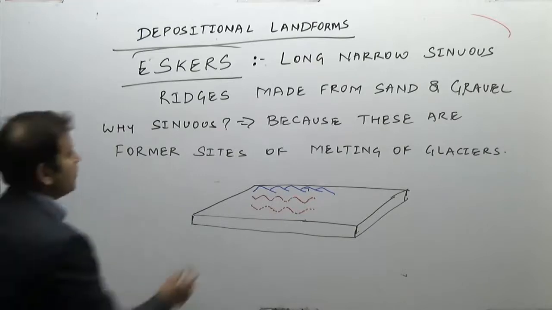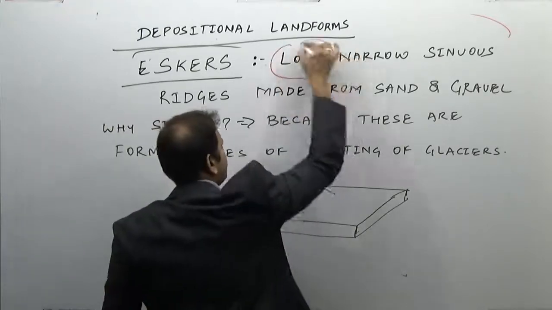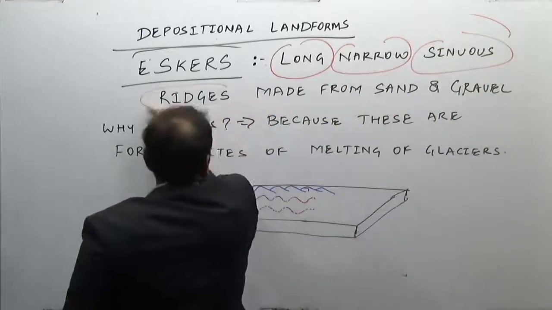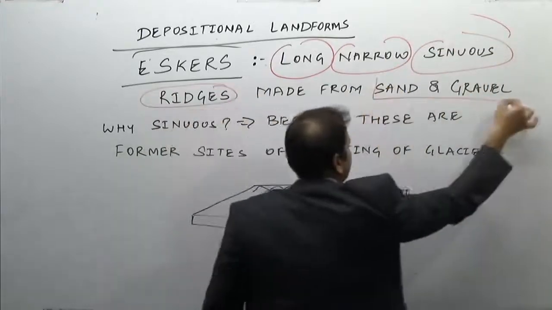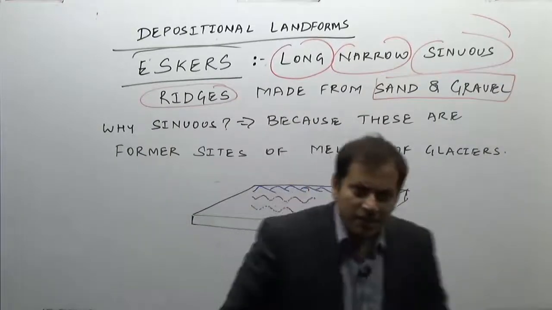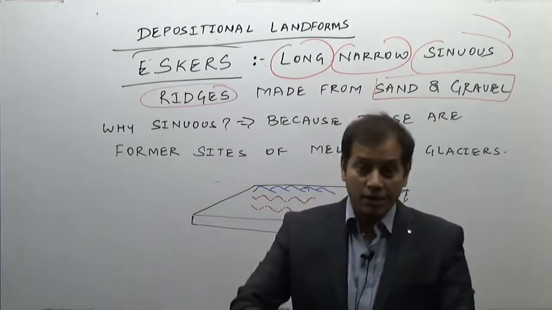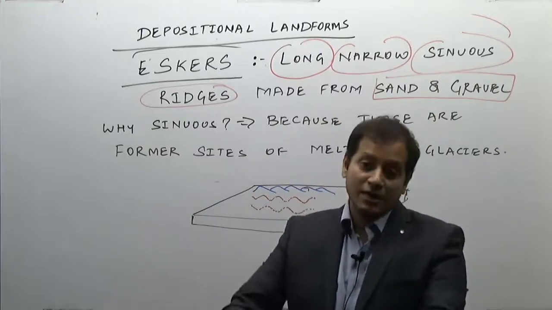So what you have to remember are long, narrow, sinuous ridges made from sand and gravel. Drumlin is made from boulder clay. Drumlin, boulder. Esker, sand and gravel.